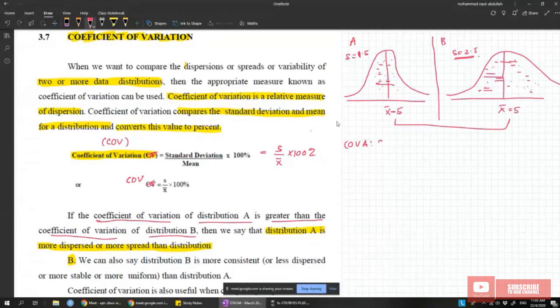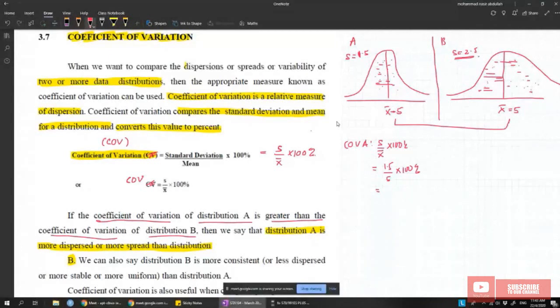Coefficient of variation A is standard deviation divided by sample mean multiplied by 100%. So this is 1.5 divided by 5 multiplied by 100%, which is equal to 30%.